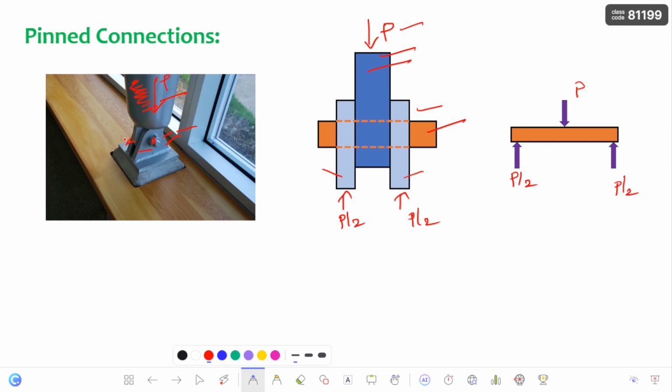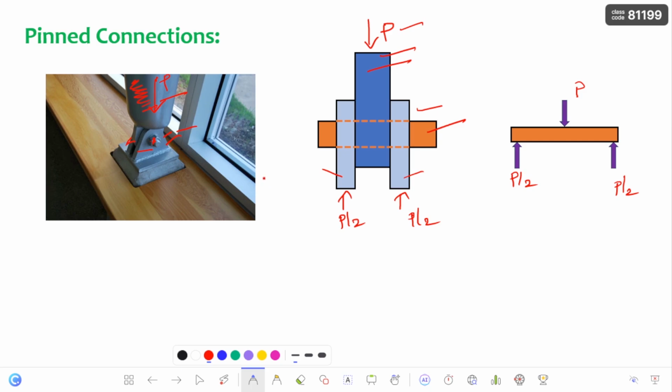So this is the philosophy regarding the design of the pin. You can consider the area in which the structural member is connected as a UDL also. But for safety, whenever we consider it as a point load, we are going for the higher safety side. So it is better to consider it as a point load only.